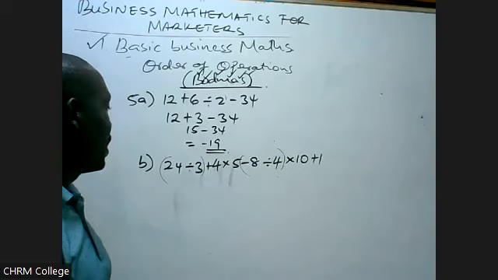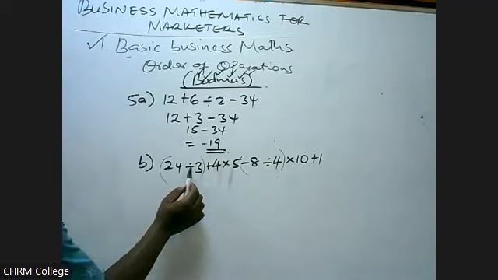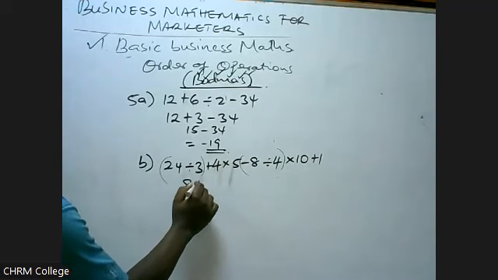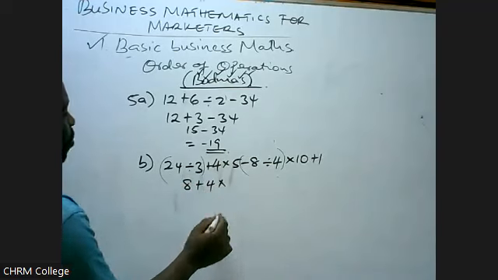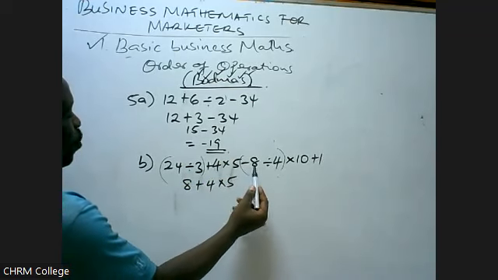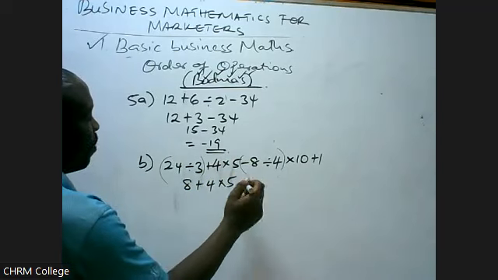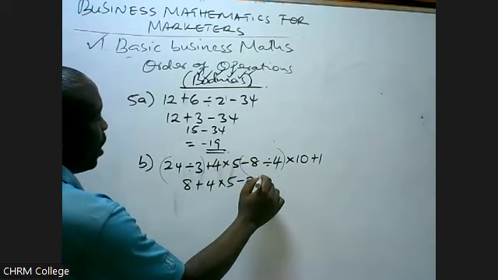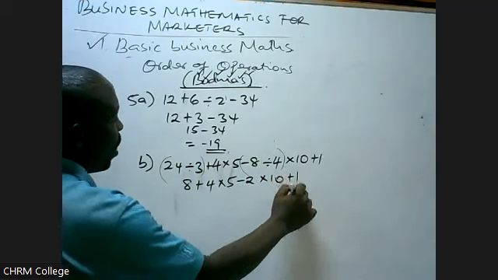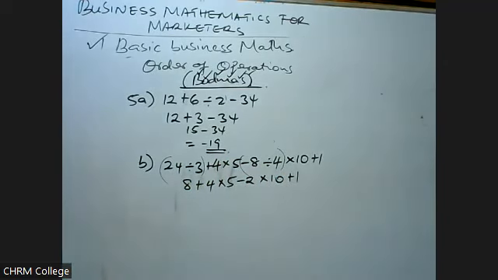Here we shall do 24 divided by 3 is 8, plus 4 times 5. Then negative 8 divided by 4. A negative divided by a positive, the answer is negative 2, times 10 plus 1. We are doing the division. Then we go to the multiplication.